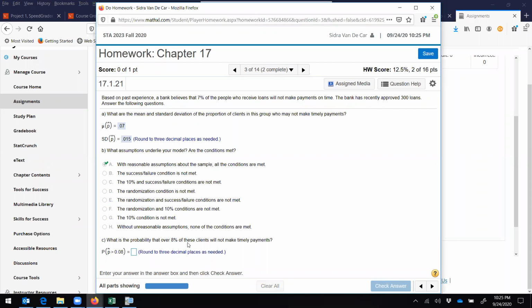What is the probability that over 8% of these clients will not make timely payments? Okay, so my mean is 0.07. So that's one standard deviation up.